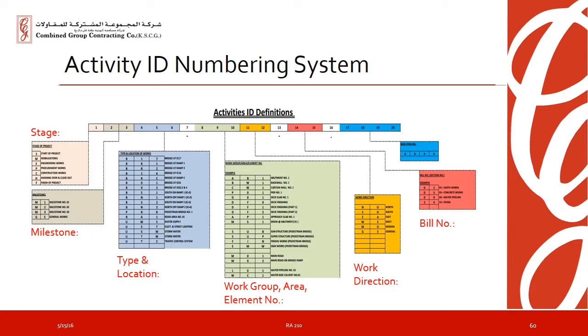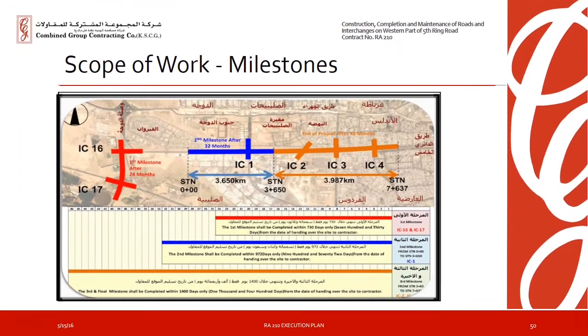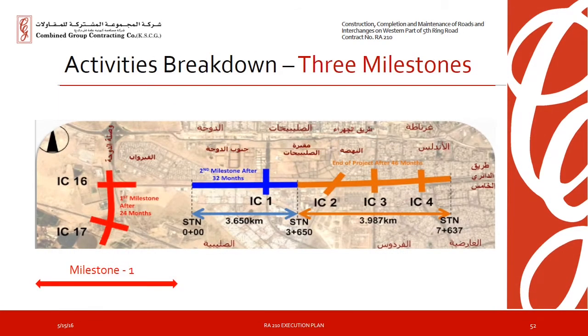And then the relation to a bill of quantity. So there is a logical system, a 20-digit numbering system, and once you get used to it, from the number you'll be able to know what stage, what milestone, what type, what area, and what quantity, which is a very useful system. In this particular project we ended up with 10,500 activities. In this sample project, we have 3 milestones.